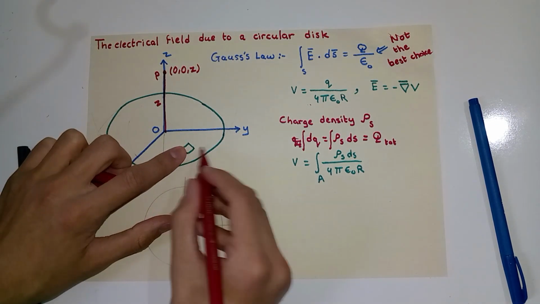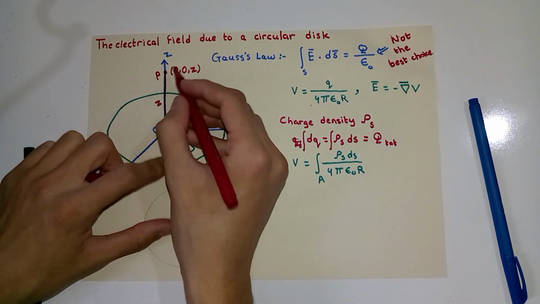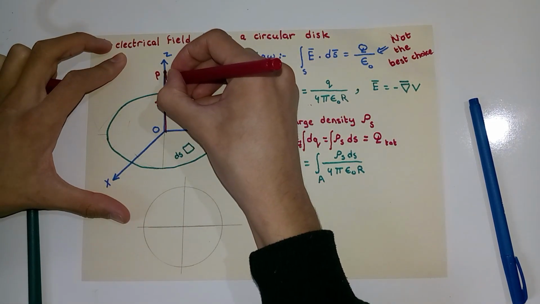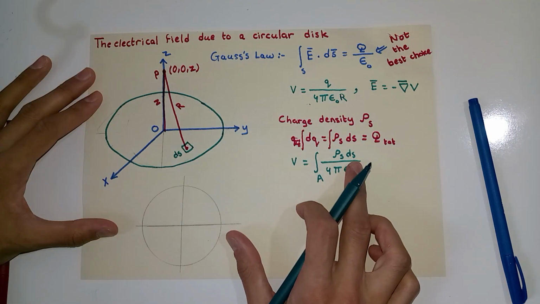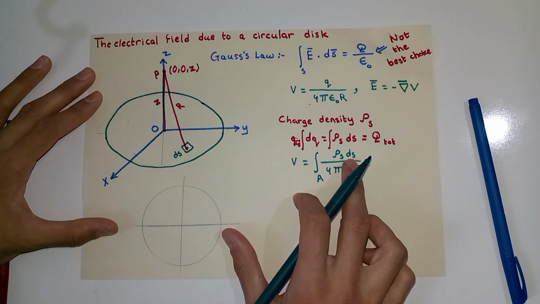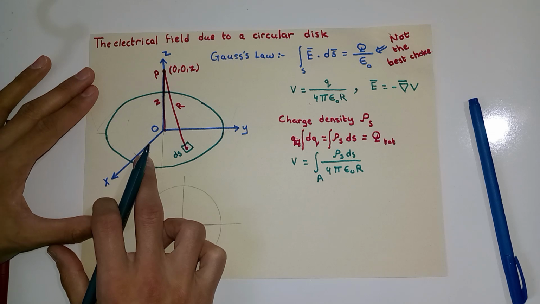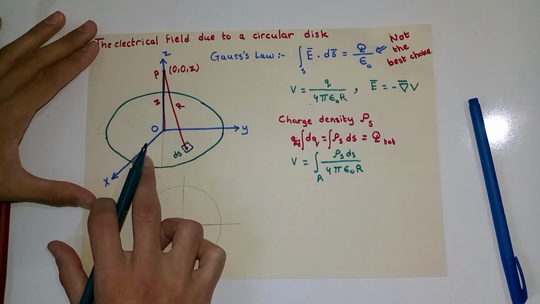And r, we said, is the distance between this differential area and the point. We want to determine this differential area by using either Cartesian or spherical or cylindrical coordinate system. In this problem, the best choice is going to be the cylindrical coordinate system.